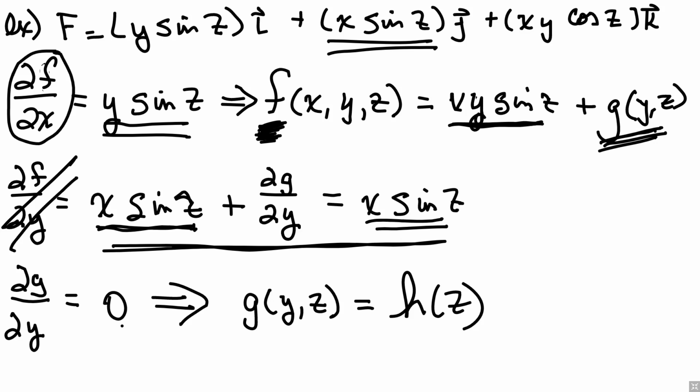So basically what you're doing is that it follows a certain order. You start off with the first component, create the function, then take the partial of the function. Once you do that, that's going to be equal to the second component. Then you solve for g and find out what that's going to be, and that's going to produce h. Then you have to find out what h is to finish it out.